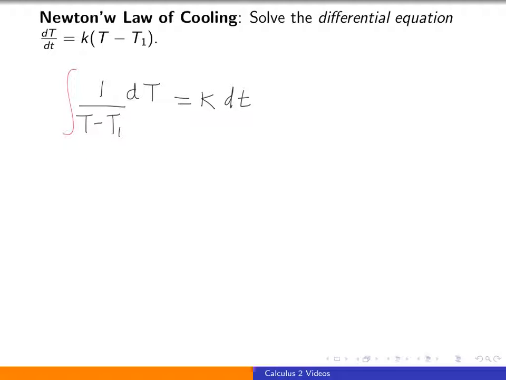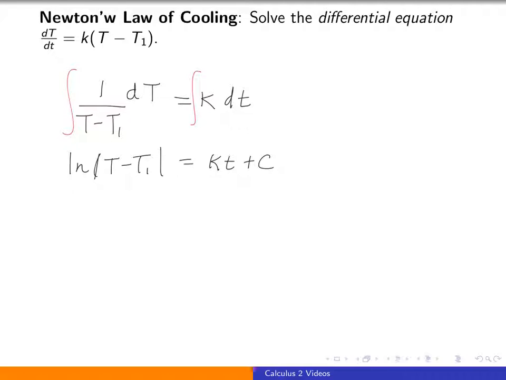As previously, it looks as though this is missing those integral signs. If we add those in, we have the natural log of the absolute value of T minus T1 on the left, equals kt plus c on the right.